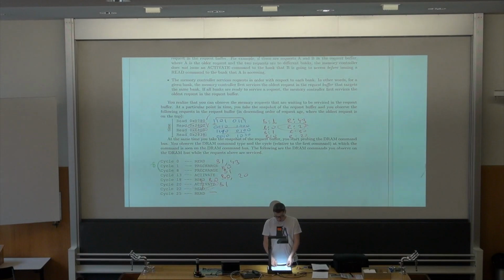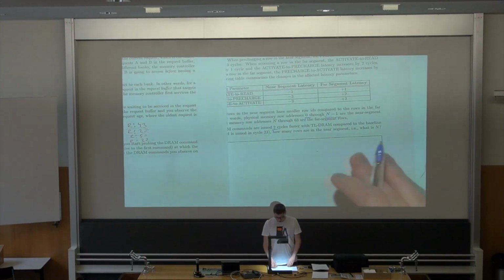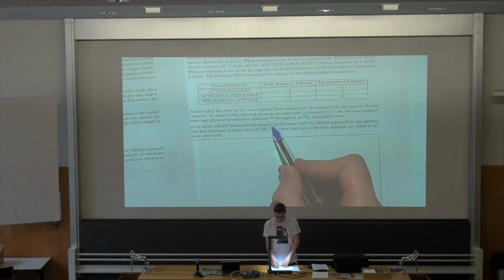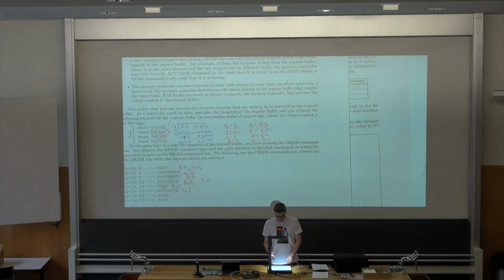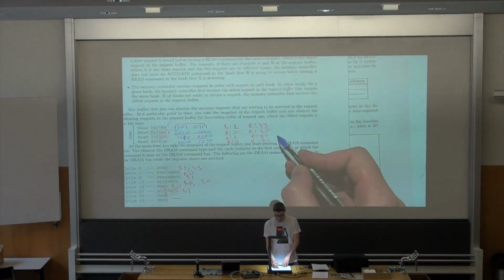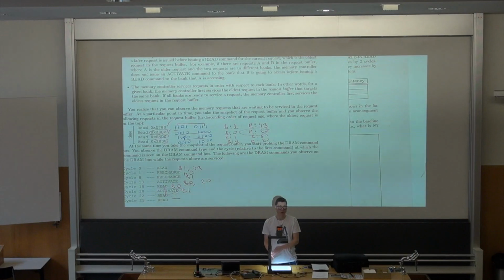But here, we can easily eliminate some ranges, right? We know that it completes 2 cycles faster. So we can easily tell that we shouldn't have all of these accessed rows in the far segment, because if that's the case, we cannot save any latency. We will have some overhead.